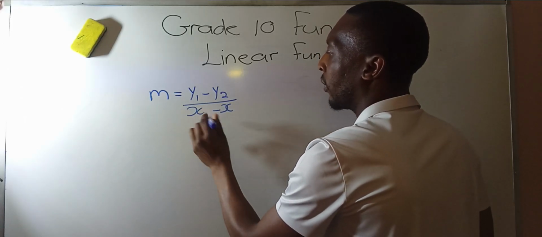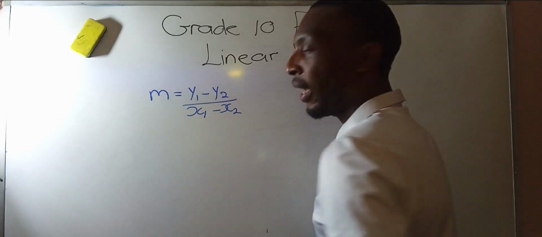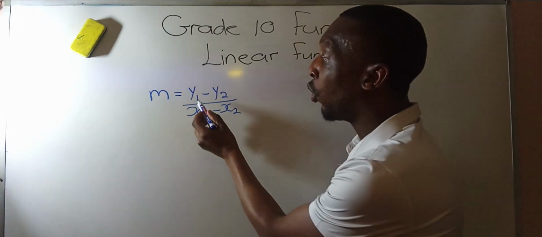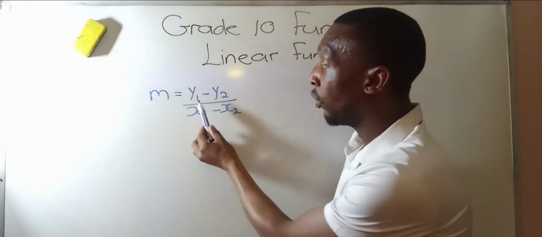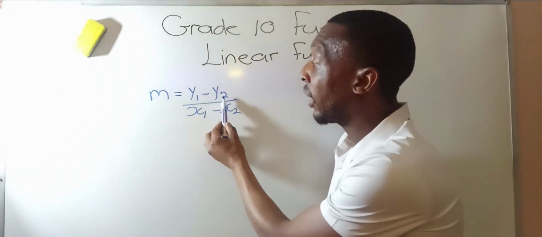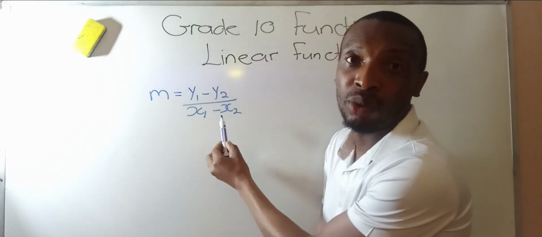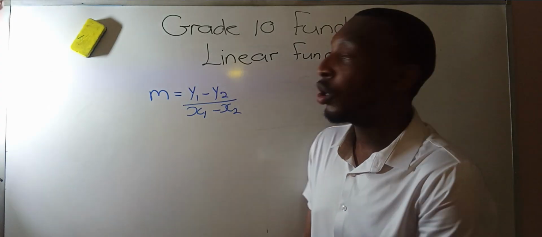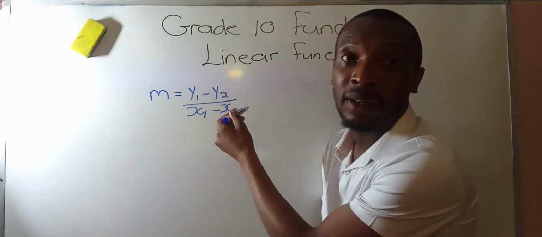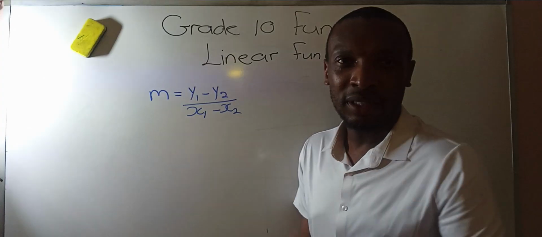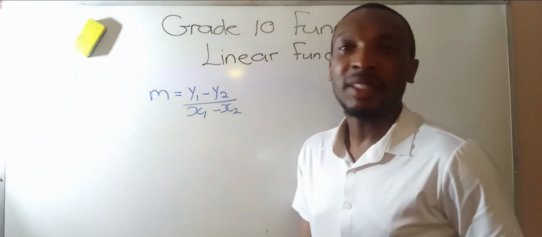Sorry. I'm glad I made that error because the order is important. If you go y1 minus y2, you must go x1 minus x2. Equivalently, you could go y2 minus y1 over x2 minus x1. It'll give you the same answer.